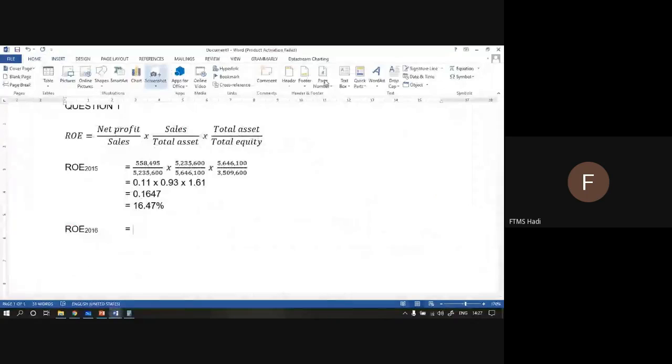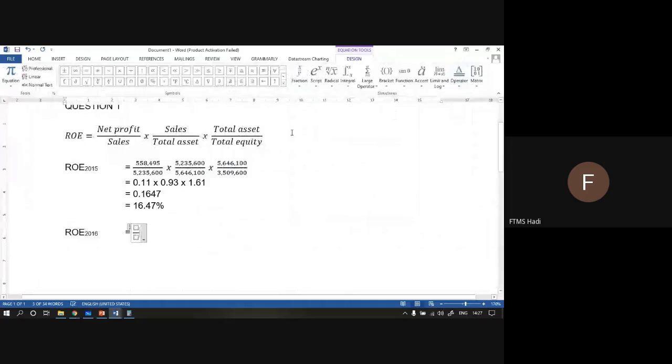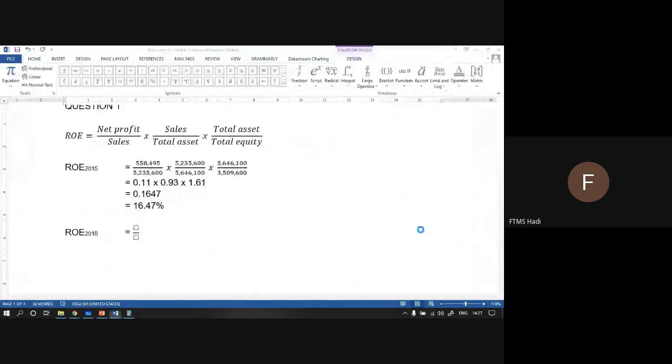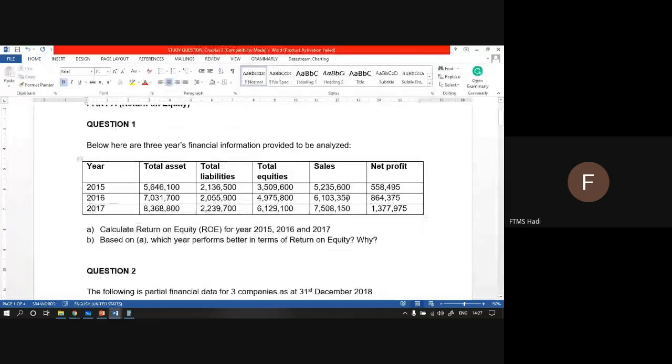For net profit divided by sales, yeah, 864375 divided by 6103350.